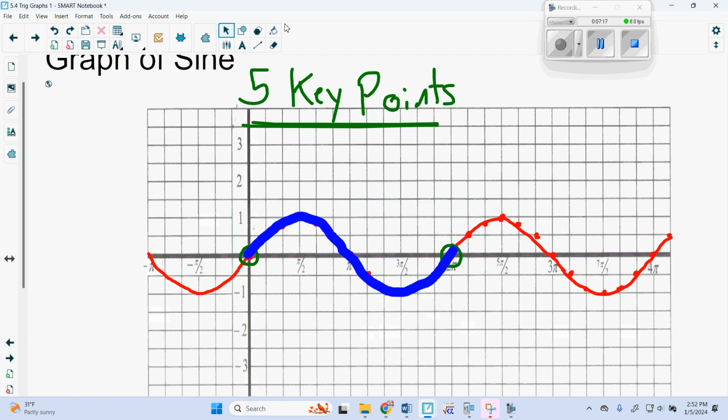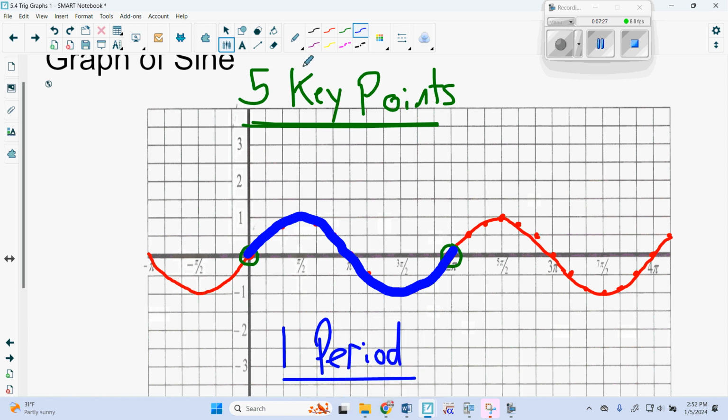What this is called, this one sine wave, is known as one period. And we'll talk more about that in a second. But that is one period of sine. So for right now, we only want to graph one period. Because if you can get that one period correct, you're just going to repeat that over and over and over and over. So first, our 5 key points then again.